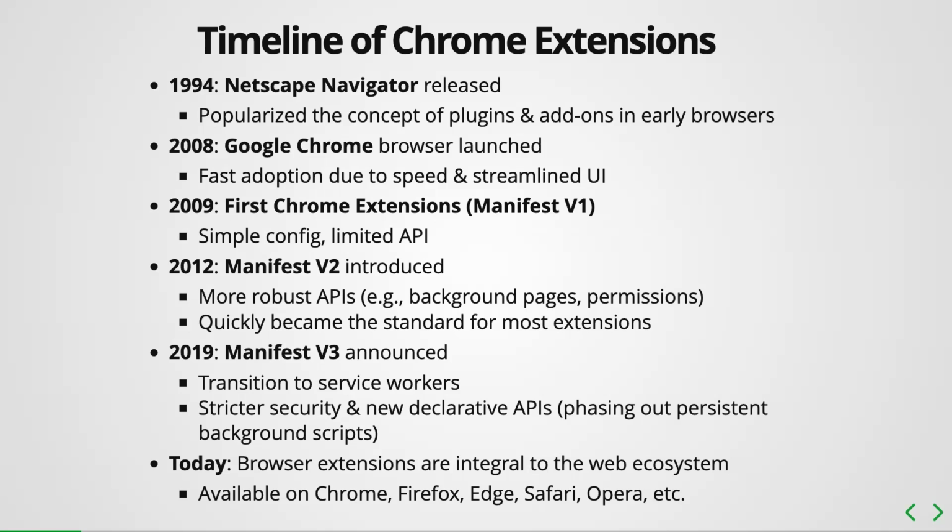So here's a big timeline. In 1994, the first browser, which is Netscape Navigator. Chrome was released in 2008 because Google was fed up with the fact that Microsoft, Apple, and Netscape were doing a really terrible job of maintaining one standard. And then Chrome pretty much took over.